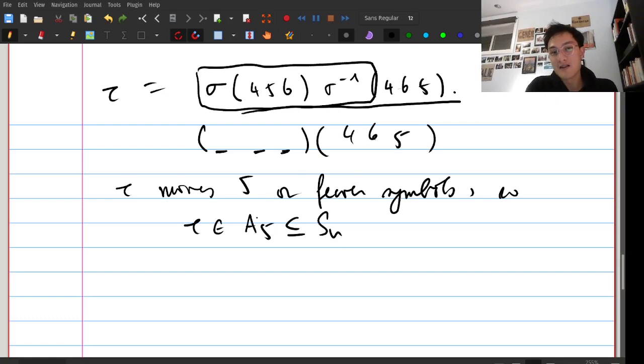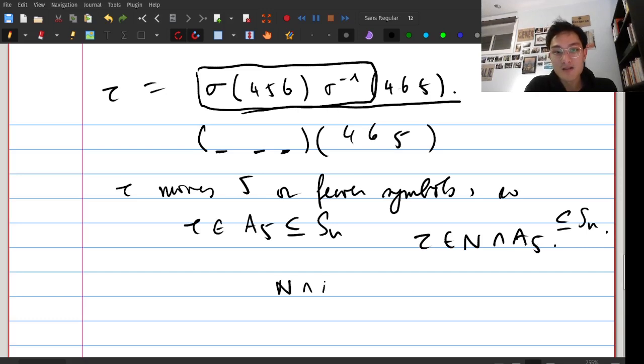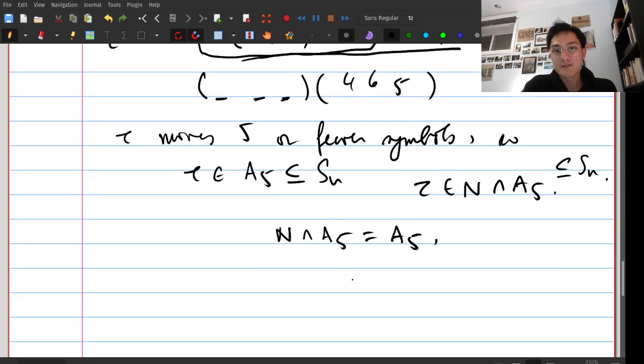And tau is an element of A5 because it's an even permutation, which means tau is in N intersection A5. N intersection A5 is a normal subgroup of A5, and since A5 is simple, N intersection A5 must equal A5.